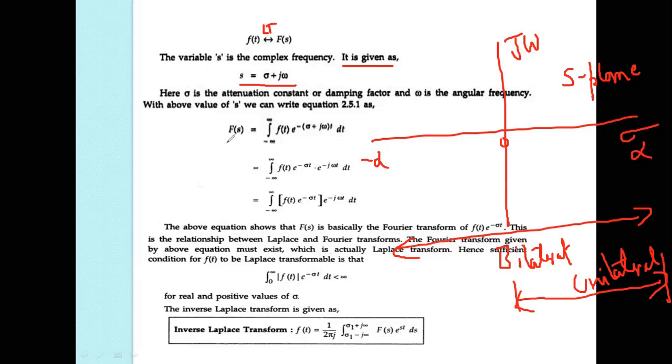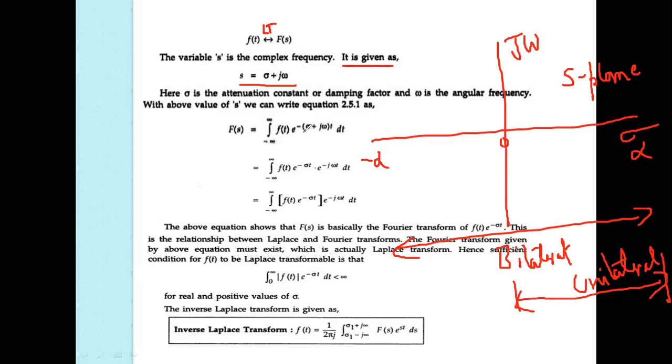Alright, now I can substitute in the definition of the Laplace transformation. F of s is equal to the integral from minus infinity to infinity of f of t e power minus sigma plus j omega into t dt.